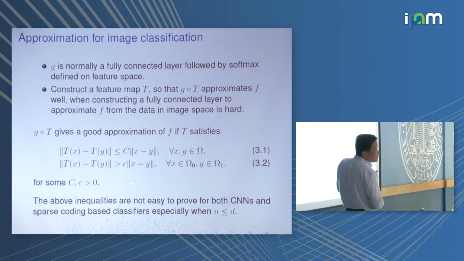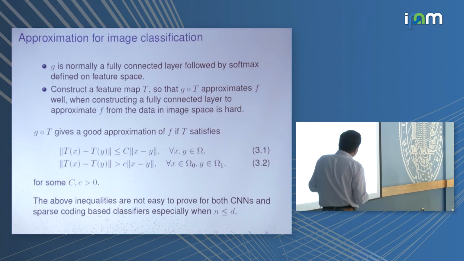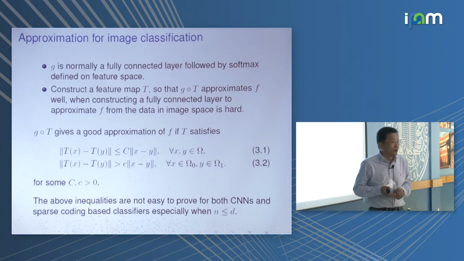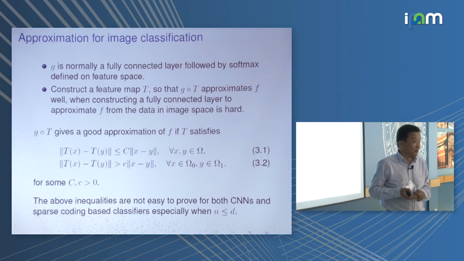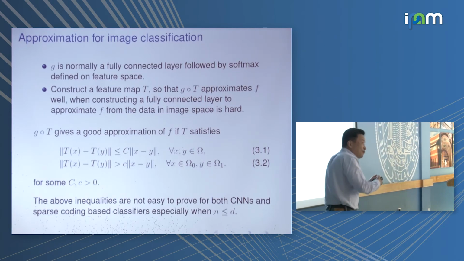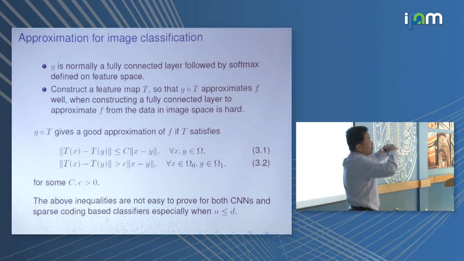The second property is more important and hard to keep. When two points are in different classes, you don't want them to merge to the same class. You want to keep them away. If your two sets are interleaved, it's harder to do the classification.